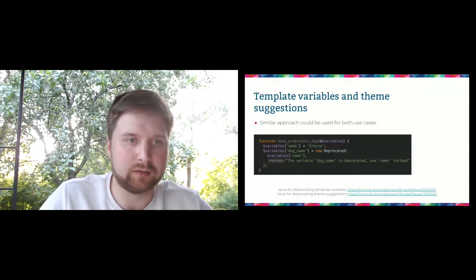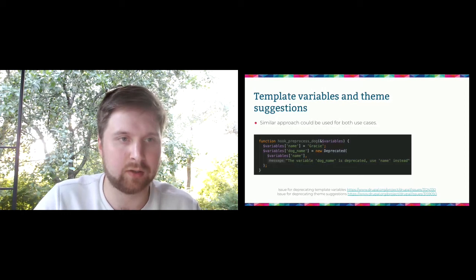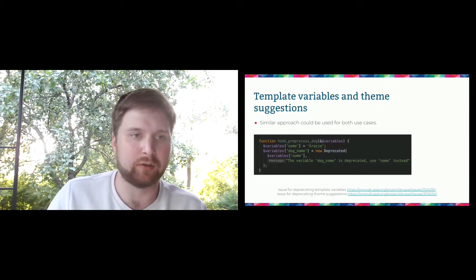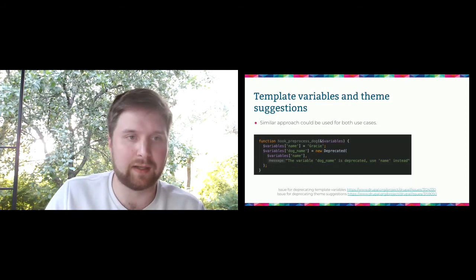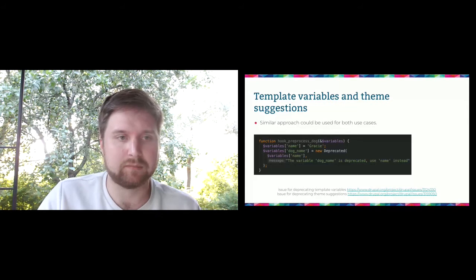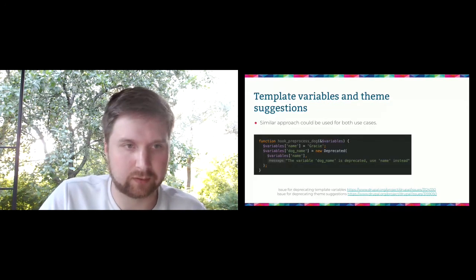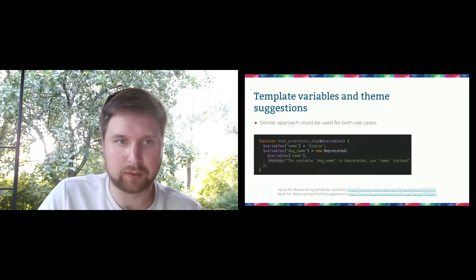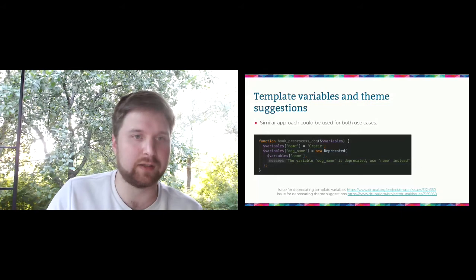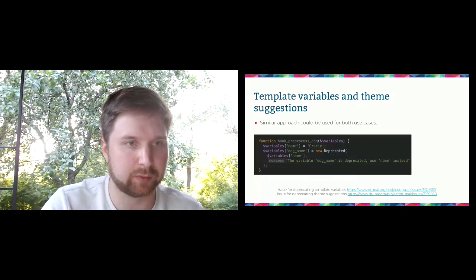So we're creating a new deprecated object here, and we're telling it first what the new variable is that people should use, and then we have a message explaining the same. And like I said, a similar approach could probably be taken for theme suggestions. There are 2 issue links again at the bottom of the slide if you are interested in working on this, but I think something like this could be implemented in that issue pretty easily.